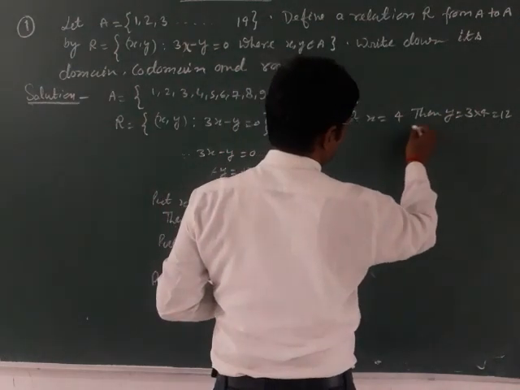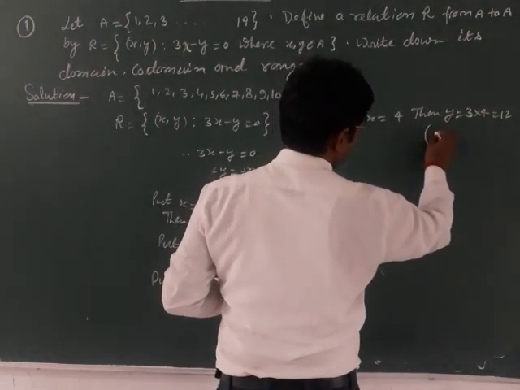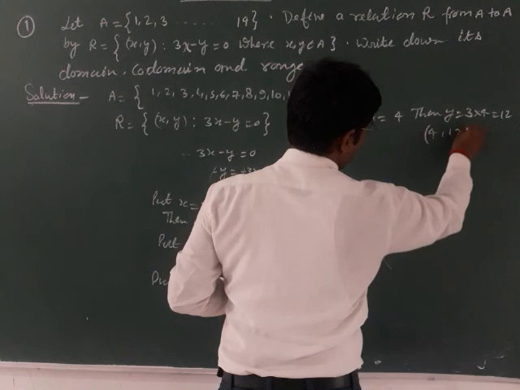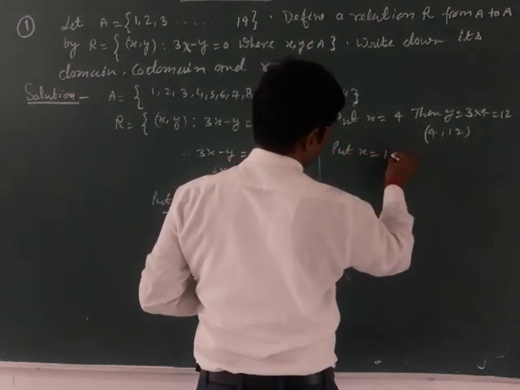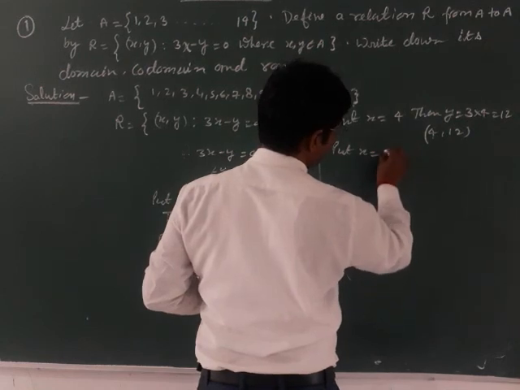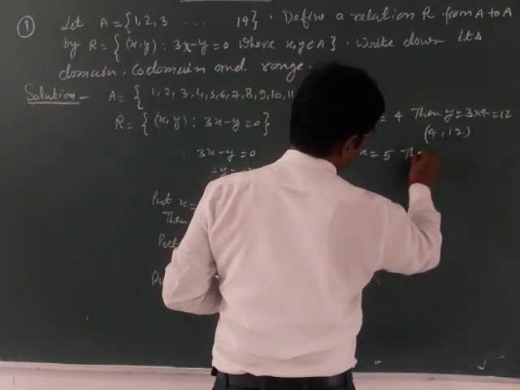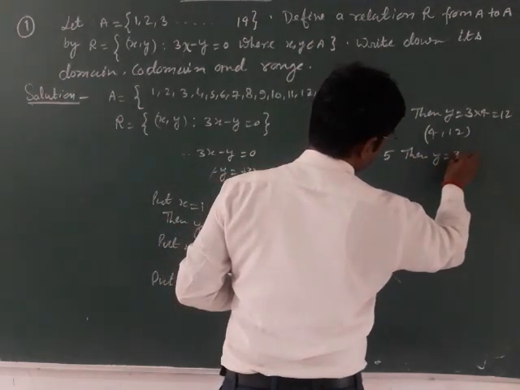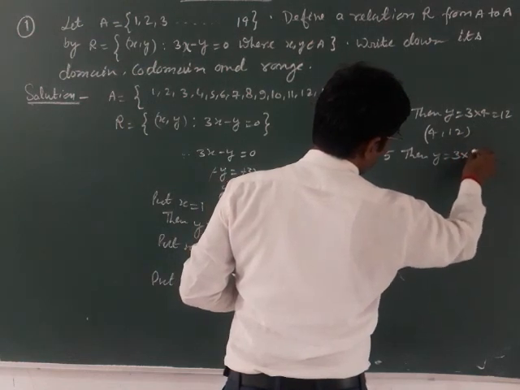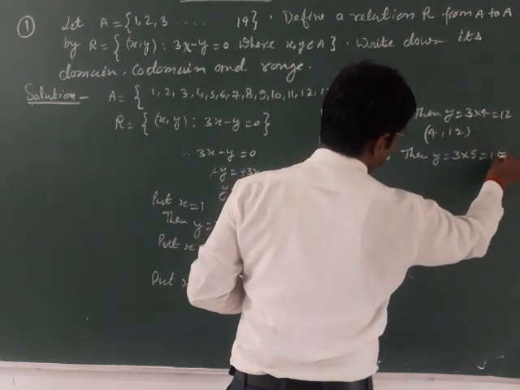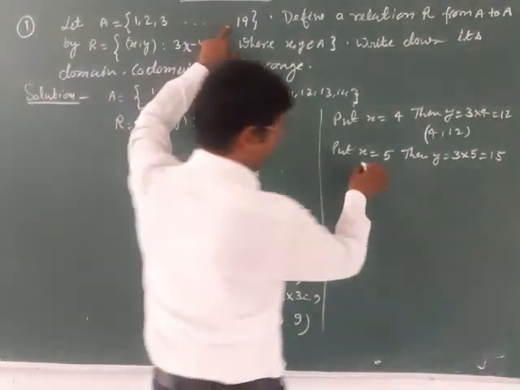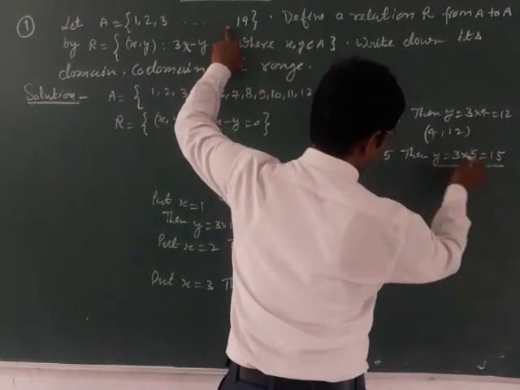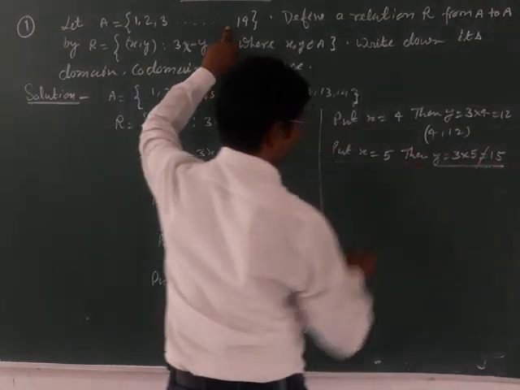So now ordered pair (4, 12). Also put x is equal to 5, then y is equal to 3 into 5 is equal to 15. 15 does not belong to this set. This is not possible.